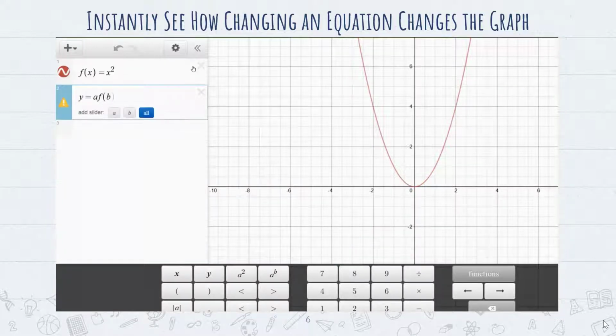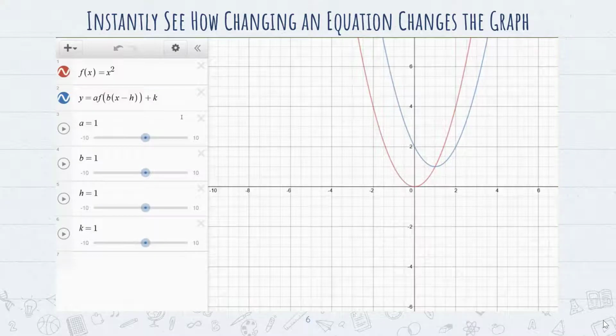How does f of x compare to y equals a times the function b of x minus h plus k? Desmos recognizes that these new letters represent new variables that vary, and therefore require the ability to change values. The second that Desmos sees these new letters, it prompts the user to add a slider. Now the student can explore the transformations on their own.